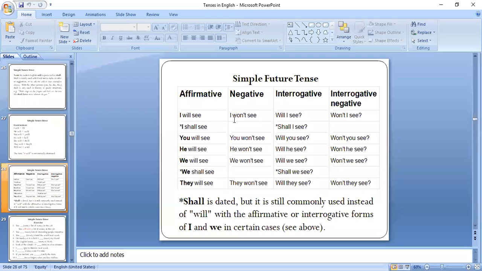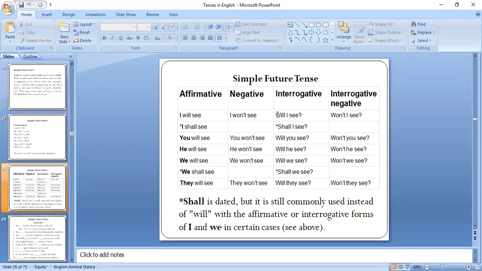If affirmative is I will see, its negative will become I will not see or I won't see. We have seen the contractions of the verbs.